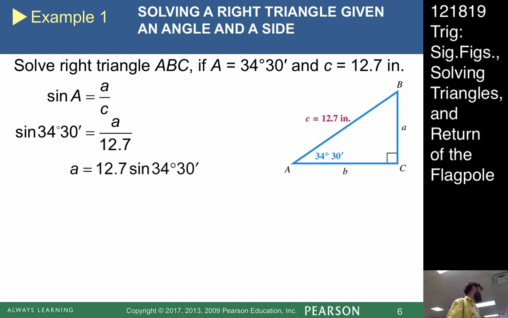Would you be able to do it like tangent? You'd have to involve c somehow, because you would have to compare the tangent value to a sine or a cosine value. You somehow have to involve 12.7 in there because you don't know.